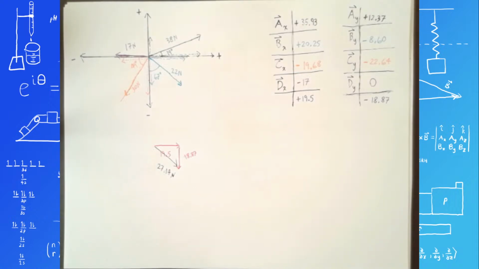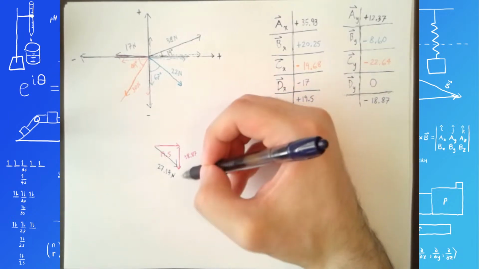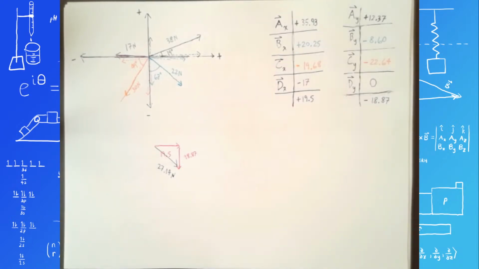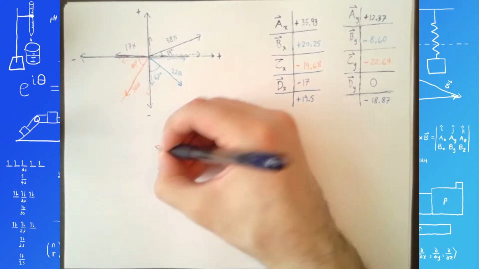And as for direction, it's going to be approximately 45 degrees, what with these two being almost the same length. It's a little less, it looks like, and this is the angle that I'm looking for.